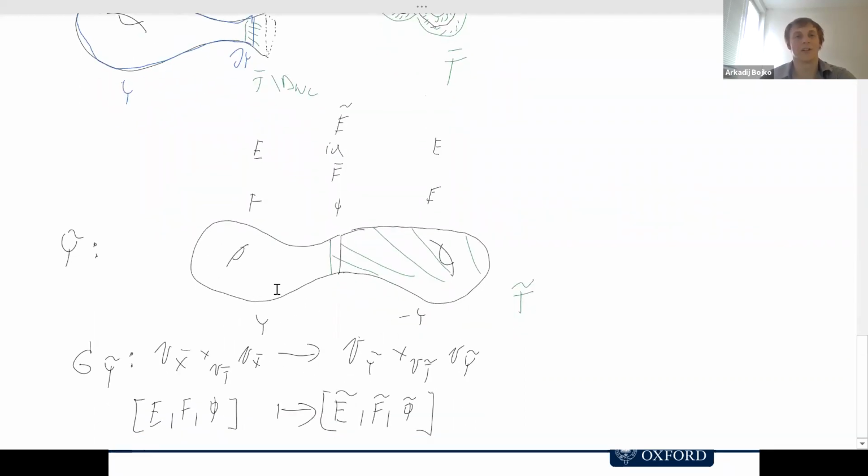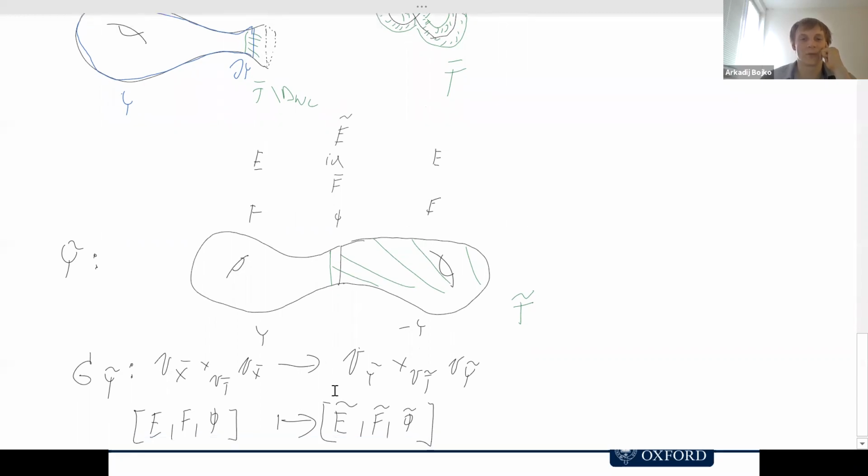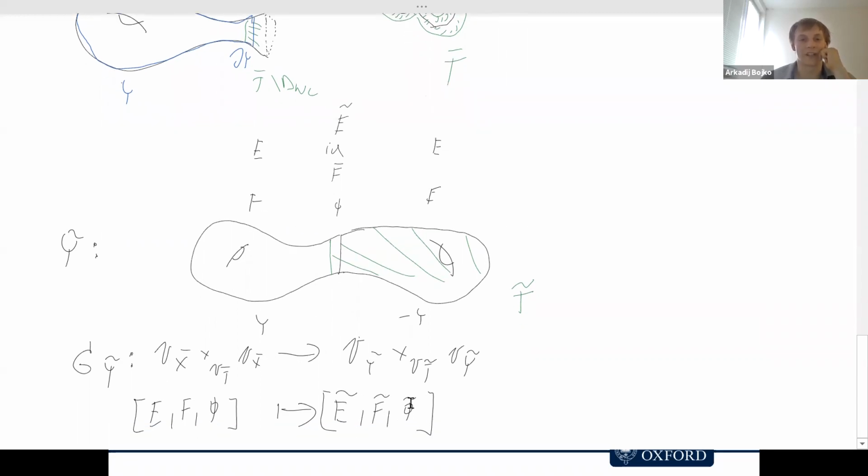And the map of vector bundles from this moduli space into the moduli space of pairs of vector bundles on this glued thing is given by mapping the pair E and F identified using phi in this tubular neighborhood to E tilde, F tilde identified using some phi tilde, where E tilde is E on this copy and E on the other copy, and F tilde is F on this copy and E on this copy, where here I glued using simply the identity, and here I glued using phi.